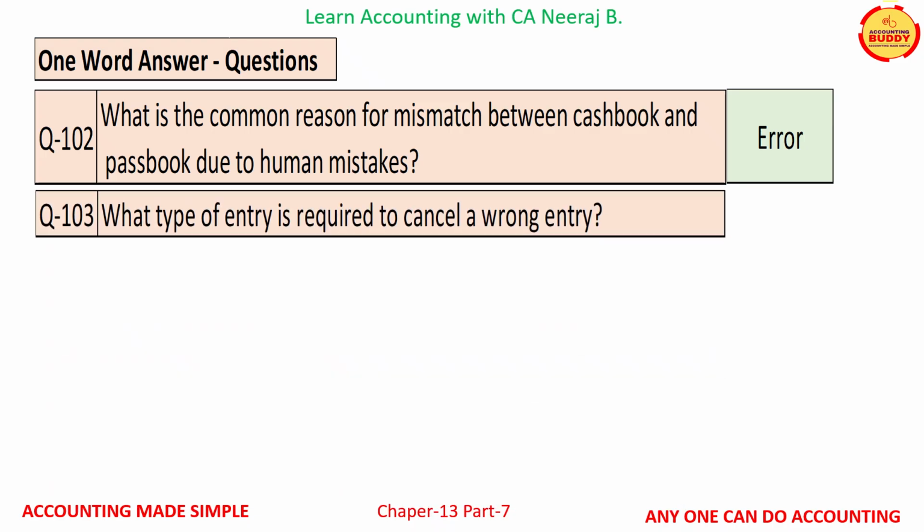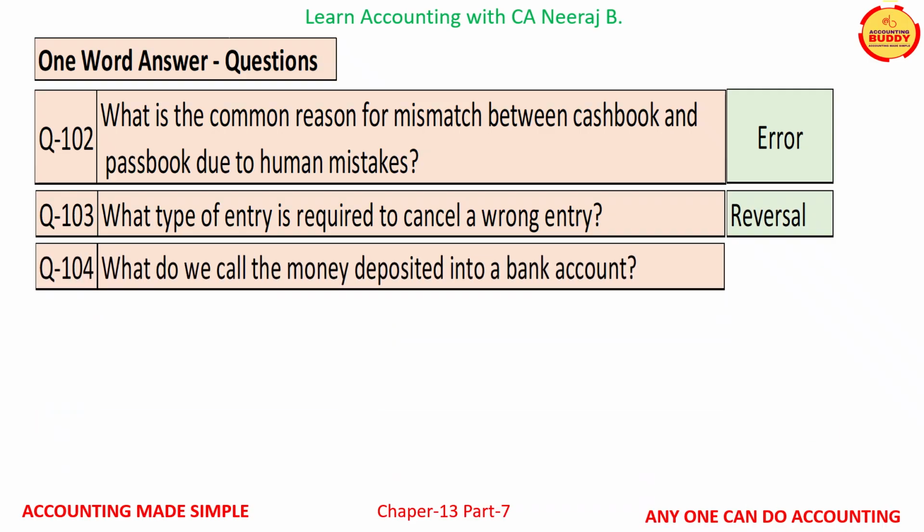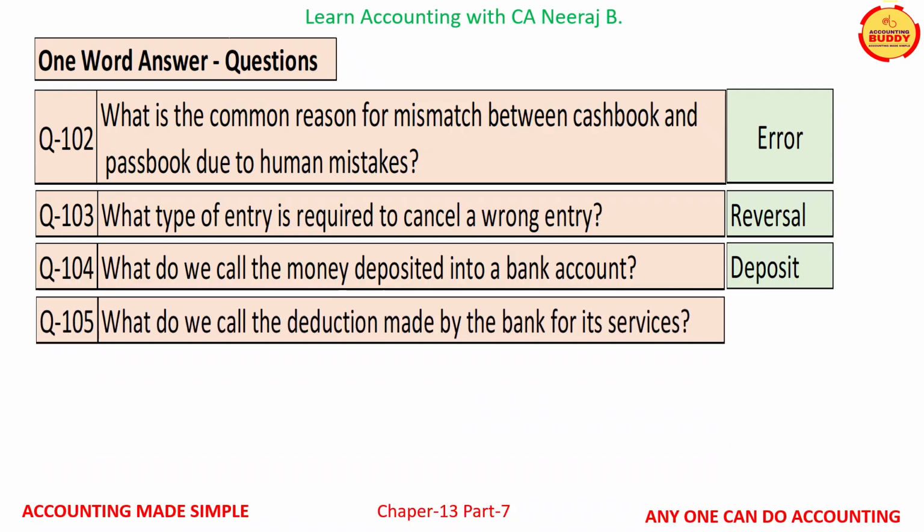Question number 103: what type of entry is required to cancel a wrong entry? The correct answer is reversal entry. Question number 104: what do we call the money deposited into a bank account? The correct answer is deposit. Question number 105: what do we call the deduction made by the bank for its services?